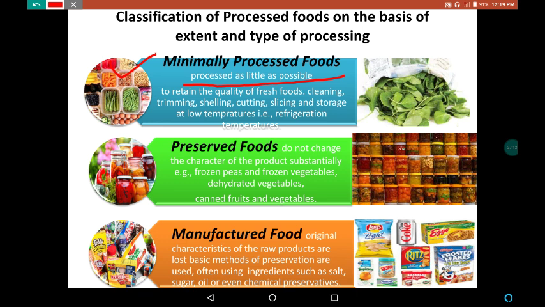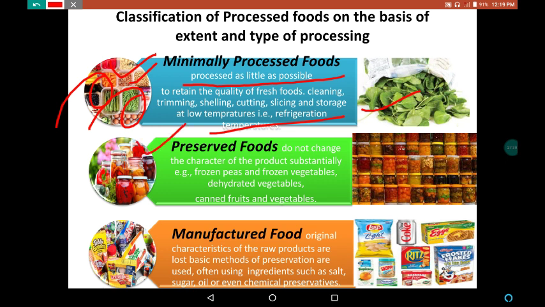Generally, the processes used are cleaning, trimming, sorting, cutting, slicing and storage at low temperatures, that is refrigeration. Like you can see here, some green leafy vegetables, some sliced food items. It is minimally processed to extend its shelf life.